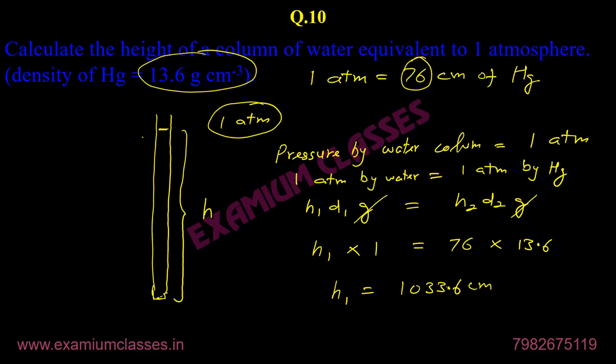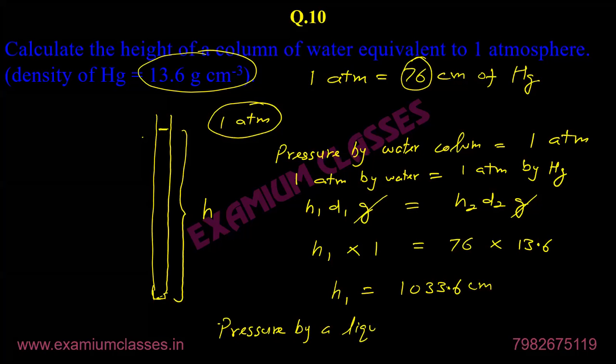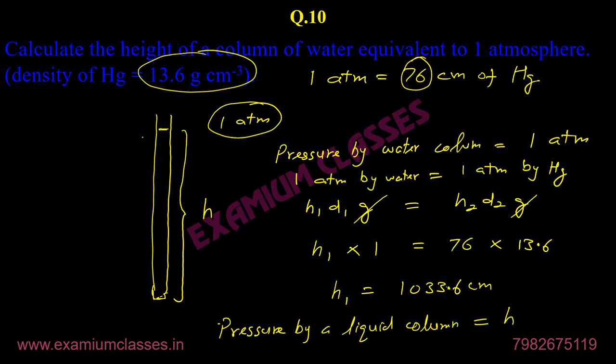So I hope you have studied this formula in physics, that pressure by any liquid column is given by HDG. In this case, pressure is the same, 1 atm. So we will equate the pressure caused by mercury and water columns. So the formula we have used, pressure by a liquid column is given by HDG.